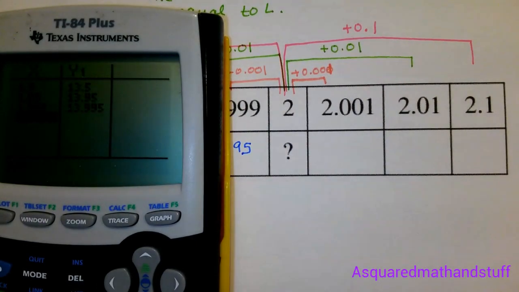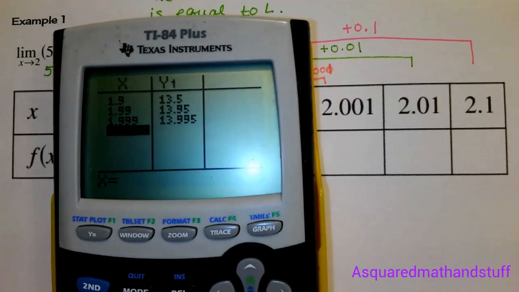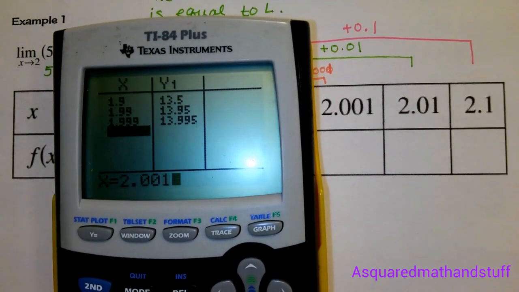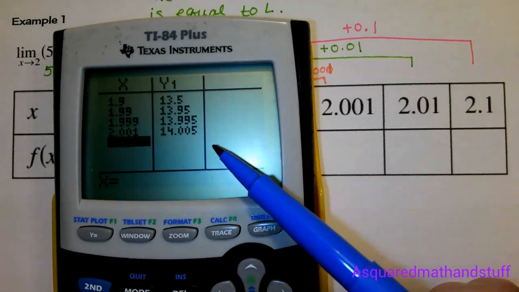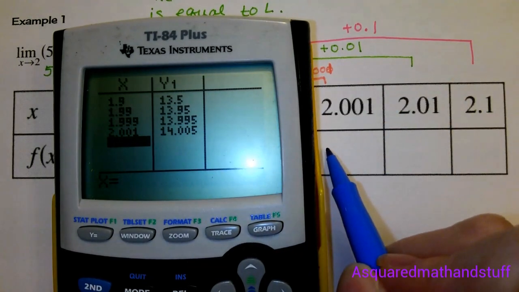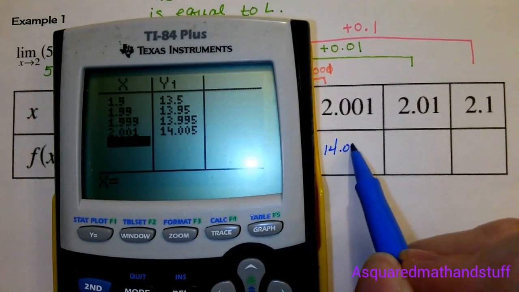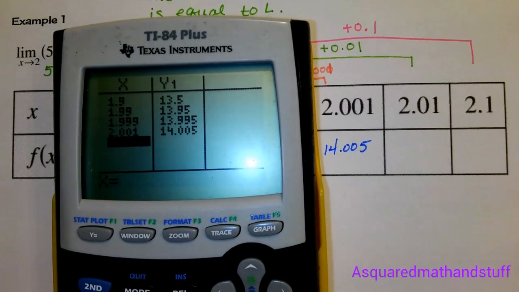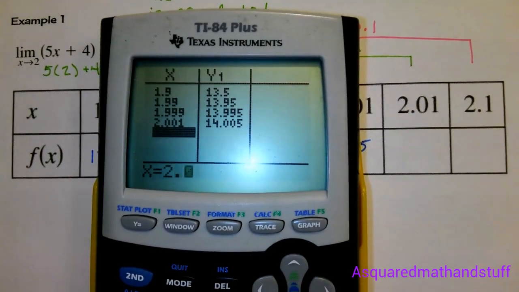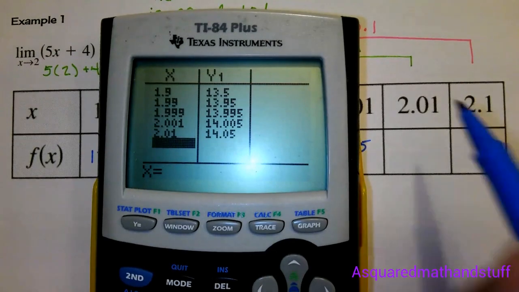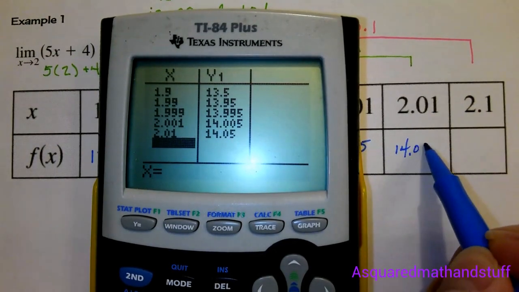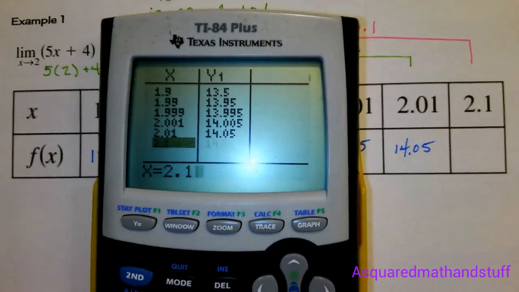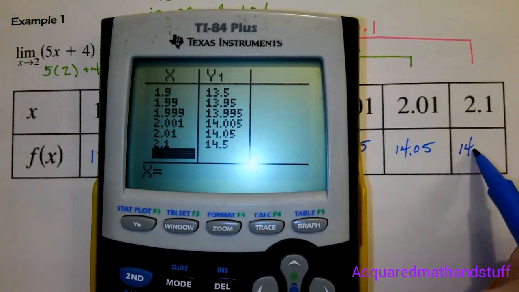Skipping over the 2, we're going to plug in 2.001, and we see that it equals 14.005, and continue on. 2.01, we get 14.05, and finally 2.1, we get 14.5.